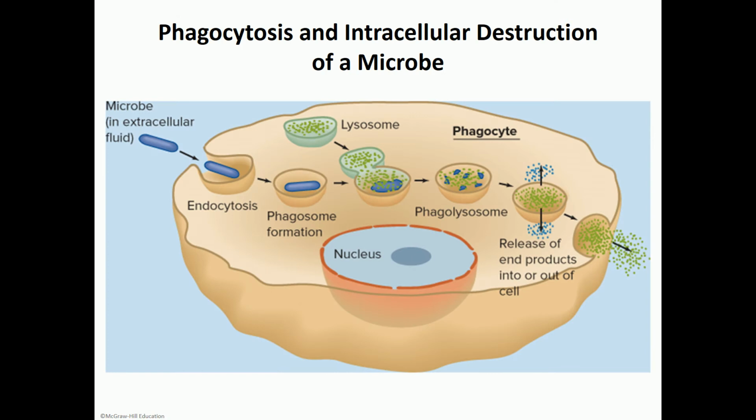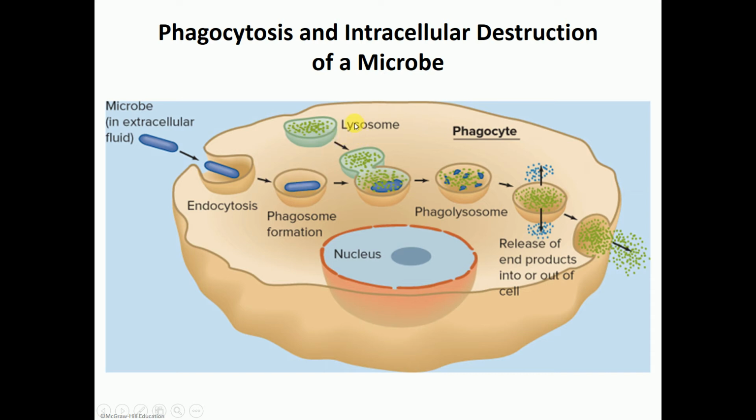Here you can see the process of phagocytosis, where this phagocytic cell, and remember, a lot of our cells are phagocytic cells. The most phagocytic ones are the M&Ms, your macrophages, neutrophils, and monocytes. And you can see it here engulfing the microbe through endocytosis. You have now made a phagosome that has the microbe.